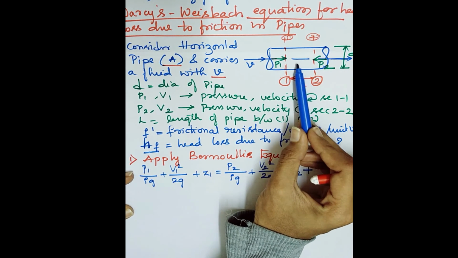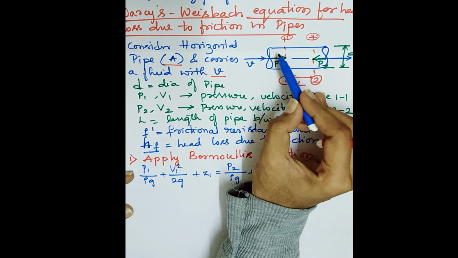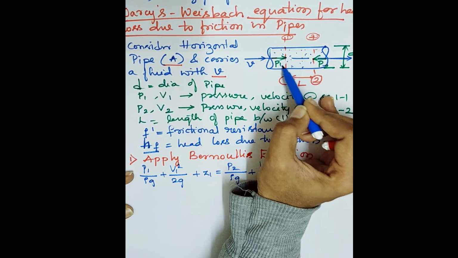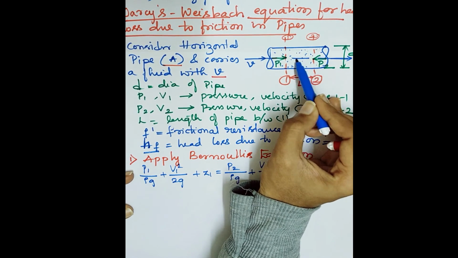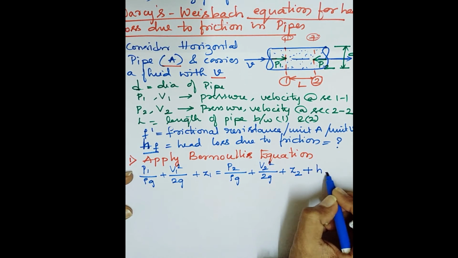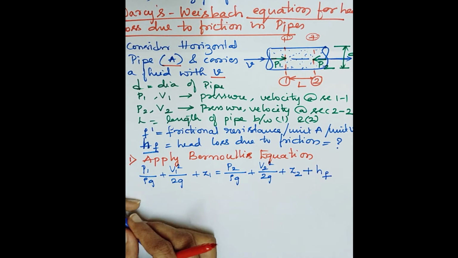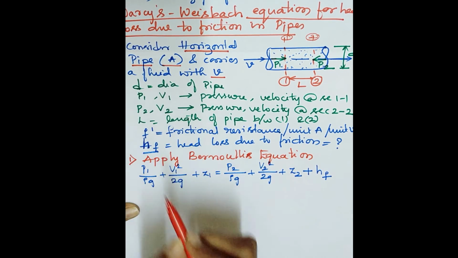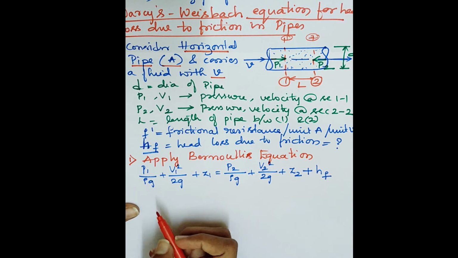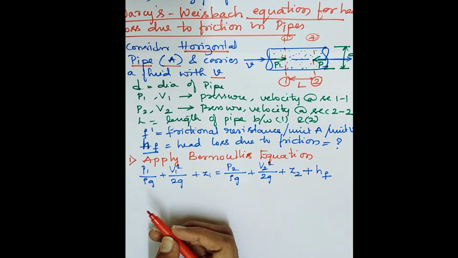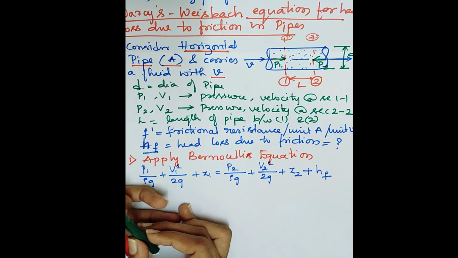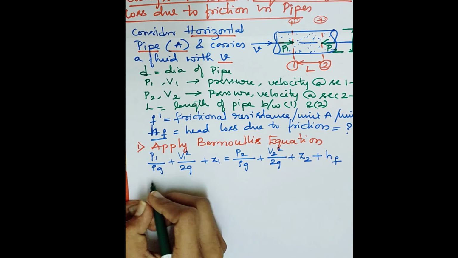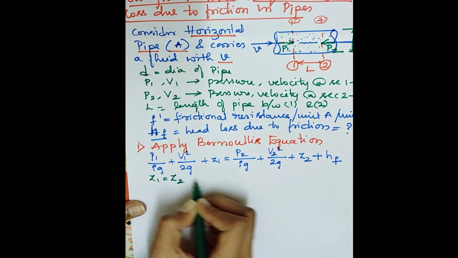Due to the resistance between the fluid particles and the wall of the pipe, the loss occurs. That loss is HF. As it is a horizontal pipe, the datum heads remain the same, so Z1 is equal to Z2.